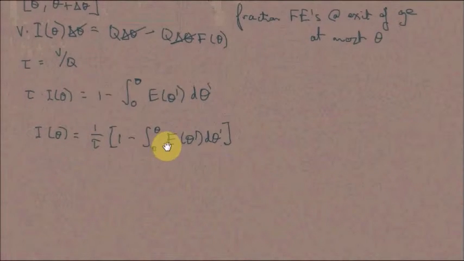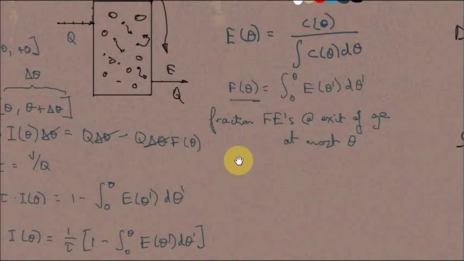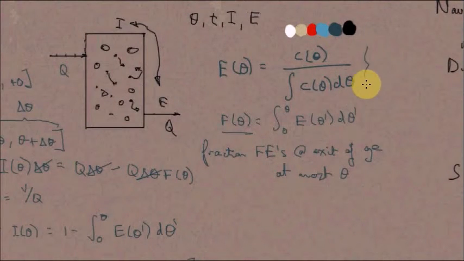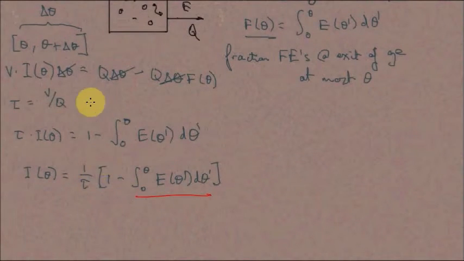So that actually closes the loop for us, because we have an easy way to get E of theta, right? We said we can get it that way, and now we've got a relationship between E of theta and I of theta. So this operation is fairly easy to do, and this tau is a fairly practical variable.